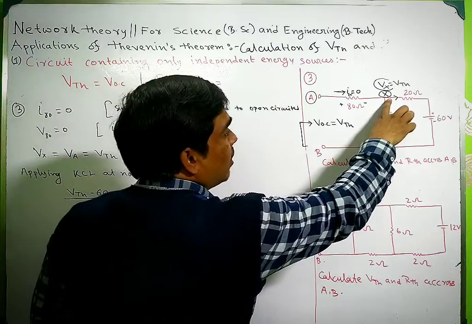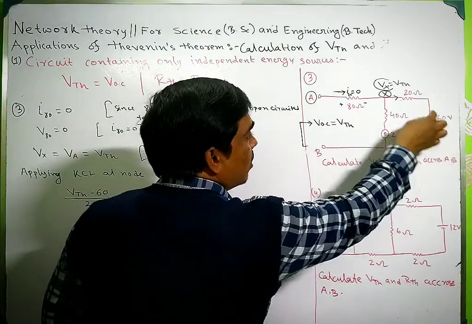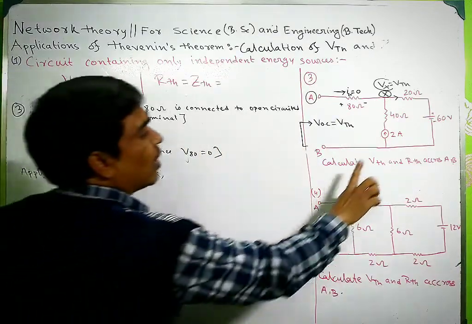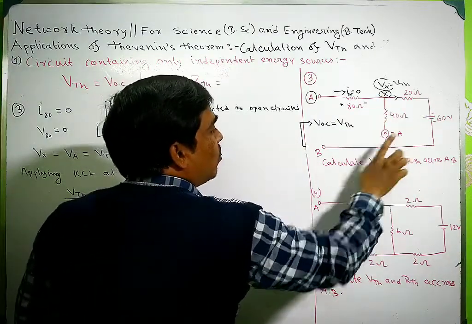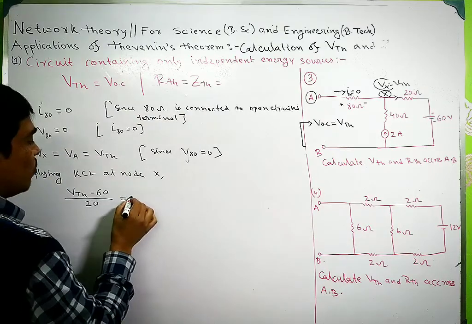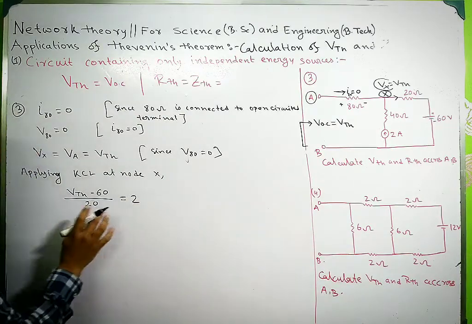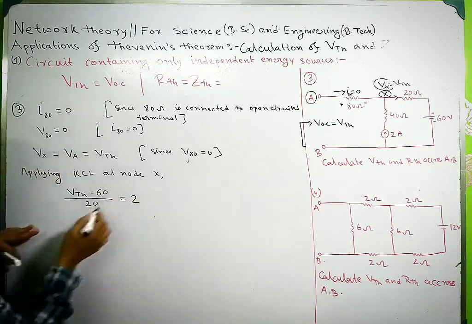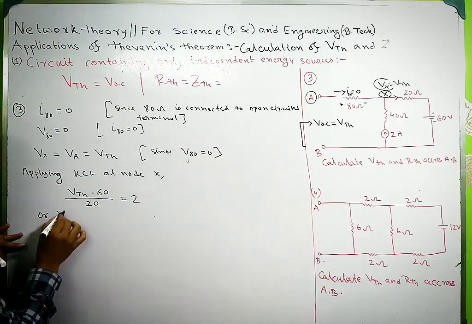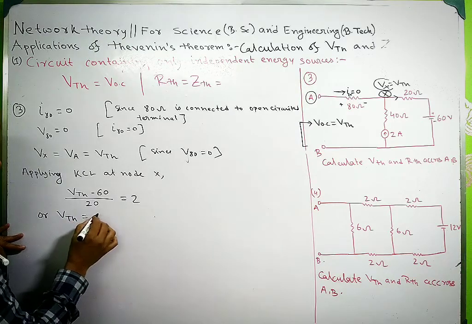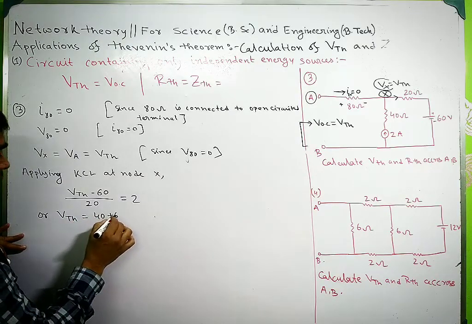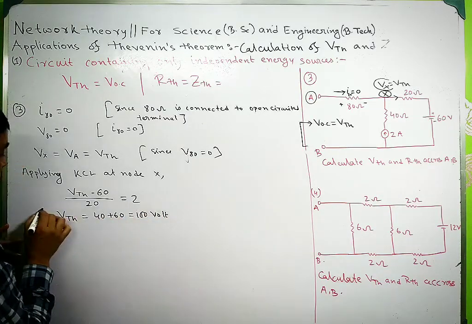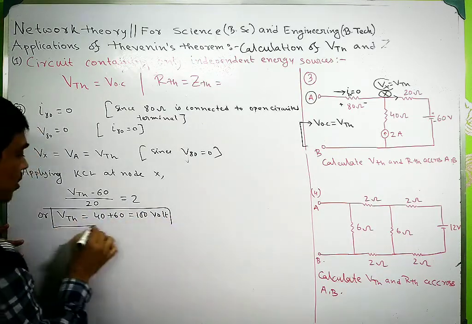The current through this branch is this, and the entering node current is 2 ampere, so it will be 2. From this equation we can easily calculate that VTH equals 40 plus 60, that means 100 volt. So VTH is 100 volt.